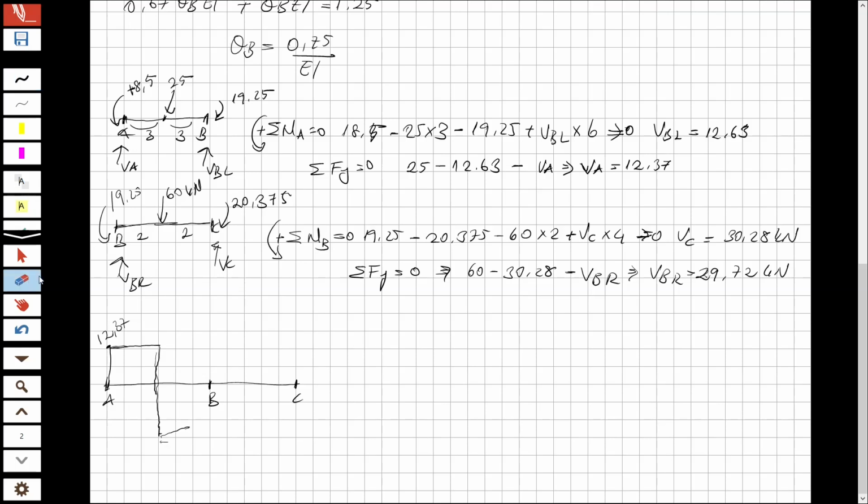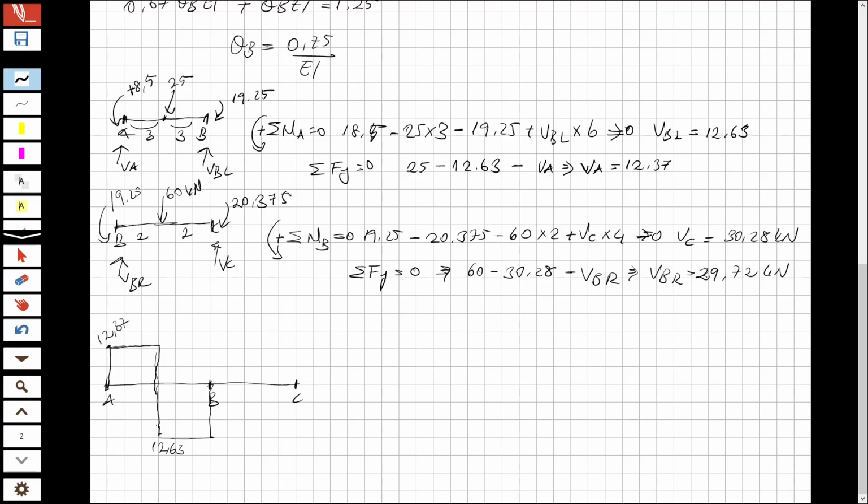Sorry, I have a problem with drawing. It's not easy to draw in the book. Like that, and I will go up and stop here. This will be 12.63, because I subtract from the 25. And then at B, what is the summation of the shears?